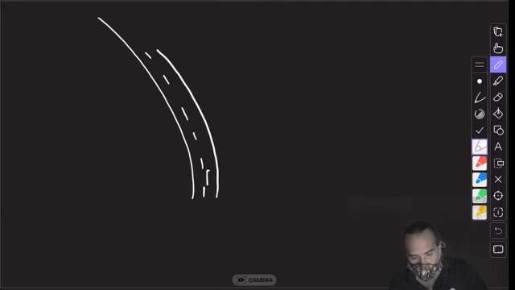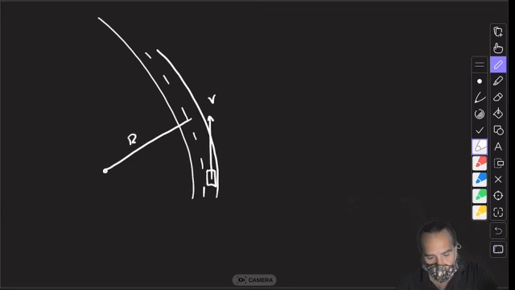Let's say we're rounding a turn and our car is traveling at velocity v. Let's say the turn has a radius of r. And let's say there's a coefficient of static friction of mu s between the car and the road.